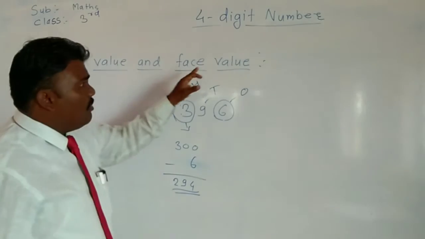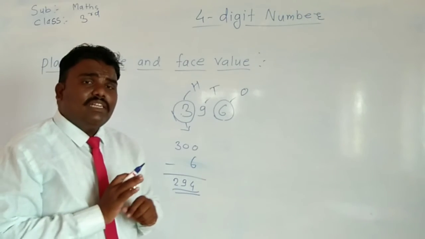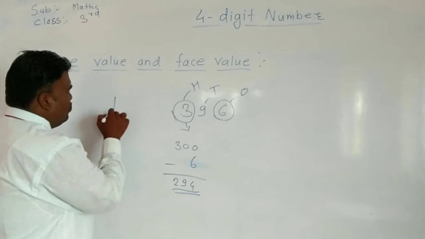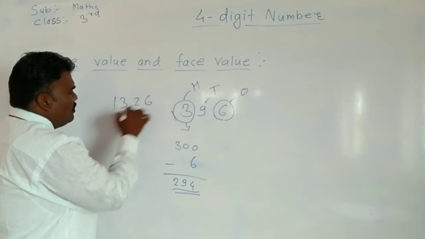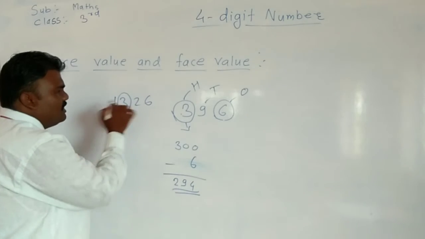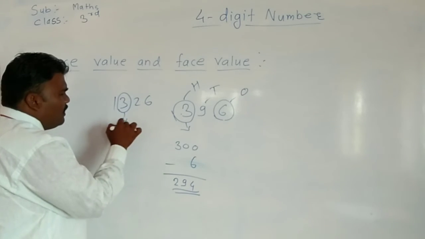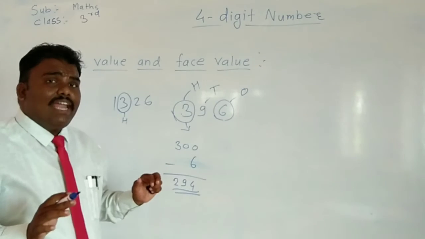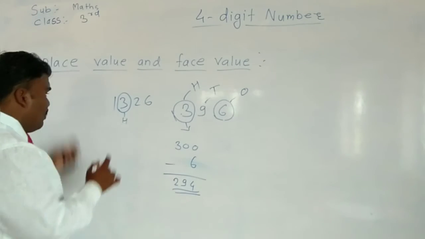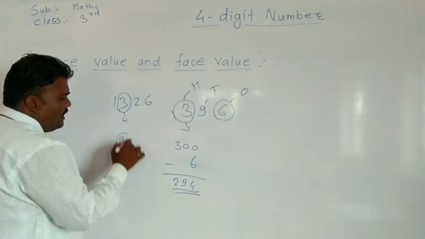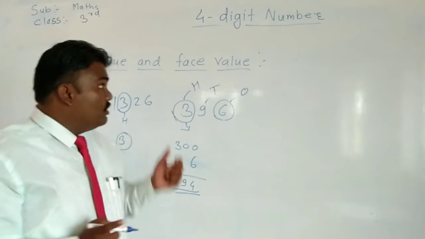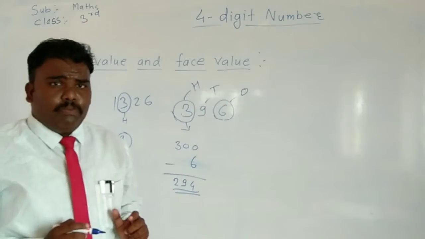And what about face value? Face value doesn't change. If someone asks you what is the face value of this 3, even though it is at the hundreds place, this doesn't change its value. The face value of 3 is itself 3. So this is all about place value and face value.